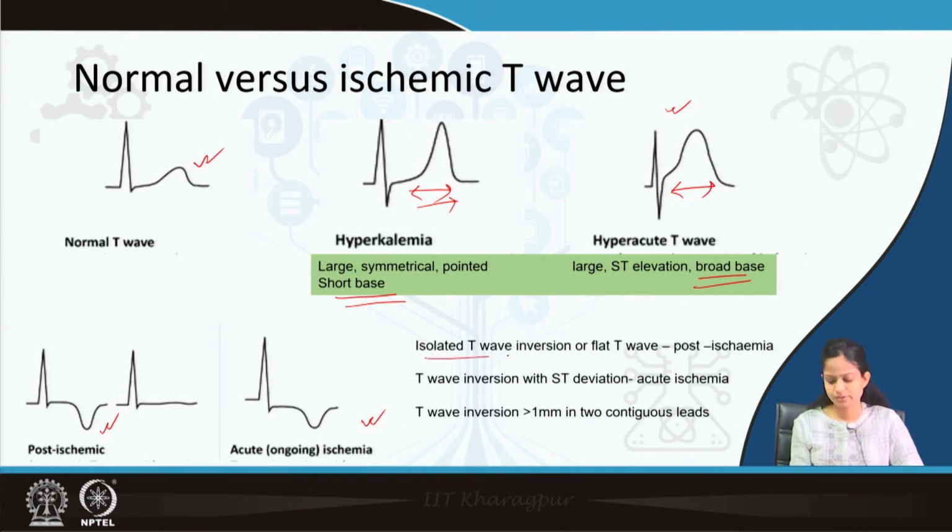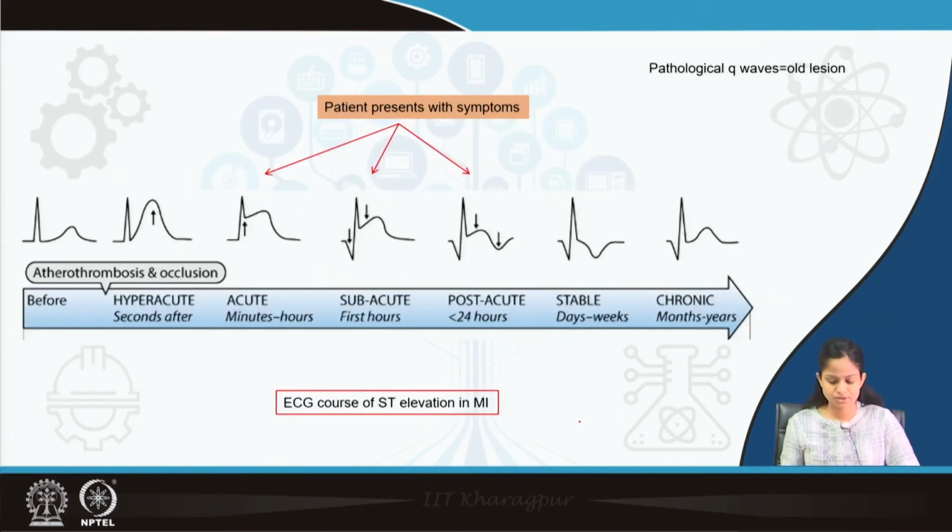As I already told you, without any ST and T changes, only isolated T wave inversions, that is post ischemia, that means the recording has been taken sometime after the injury. T wave inversion with ST deviations, that is acute ischemia, and this T wave inversion should be more than 1 millimeter in contiguous leads. So, this is the current diagnostic criteria of ST-T changes and the T wave changes.